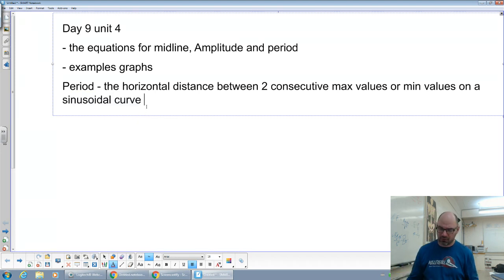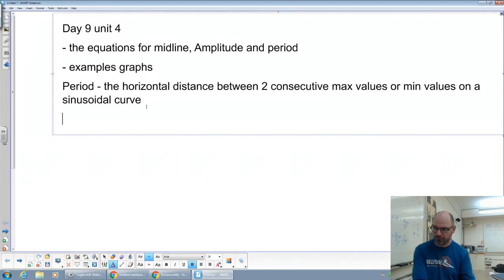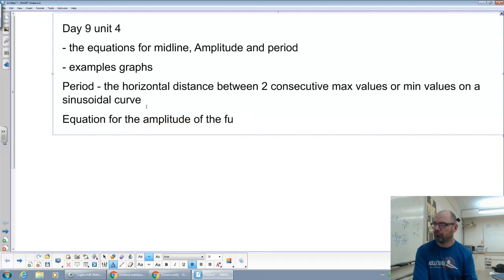Okay, so the equation for the amplitude of the function is simply the maximum value minus the minimum value divided by 2.